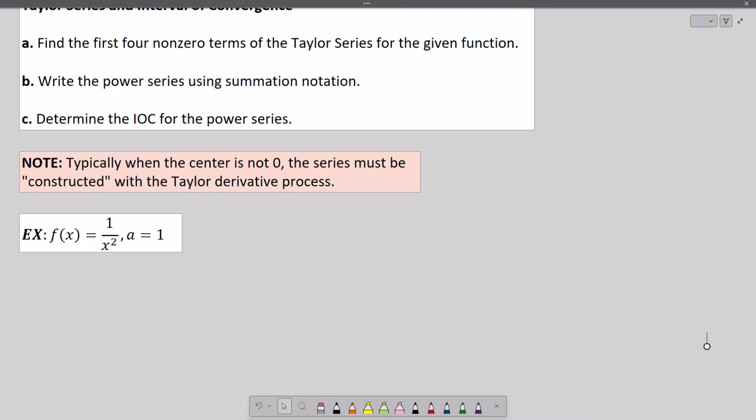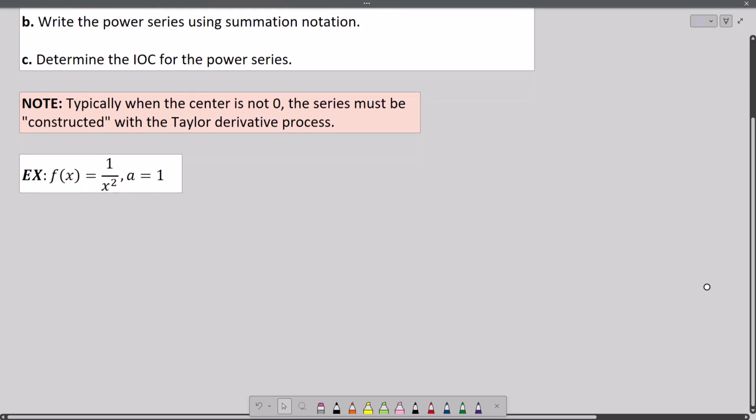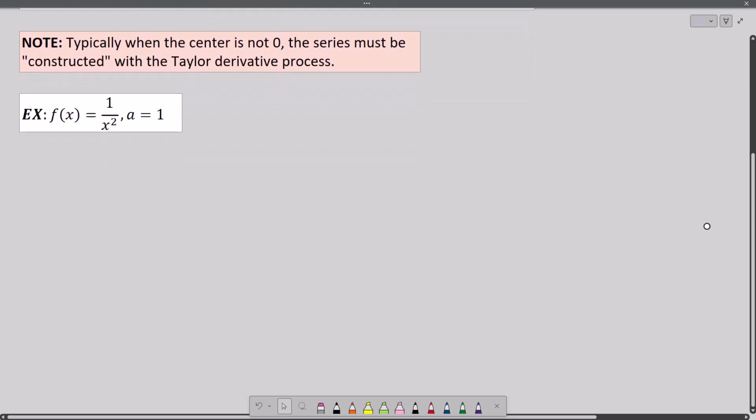P sub 3, because we have a constant and then an x and then an x squared and then an x cubed. So p sub 3, if there's no 0 coefficients, is going to be 4 terms. But if you have 0 terms, maybe you're going out even further in terms of the power. So we want 4 non-zero terms, which doesn't necessarily mean p sub 3.